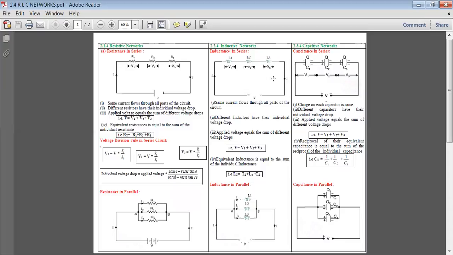Again we get voltage drops V1, V2, V3, and we have to give a supply voltage or applied voltage.